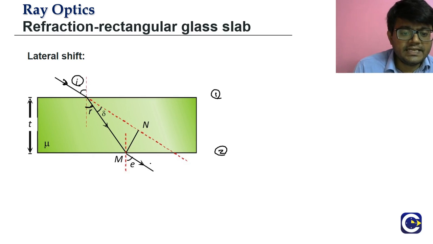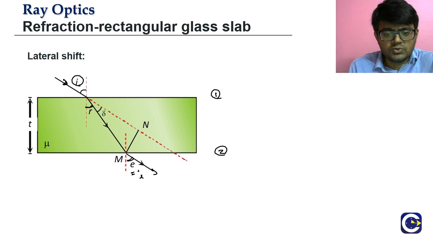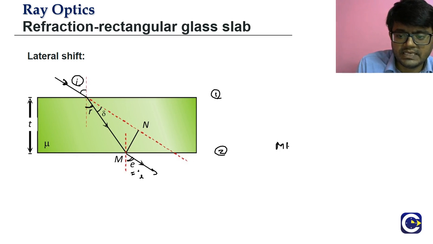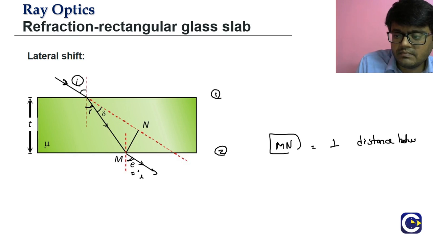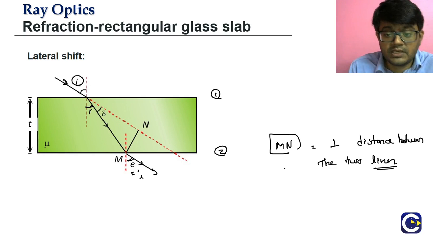This is the emergent ray, and we know that angle E will be equal to I. The perpendicular distance between these two parallel lines is represented by MN. The two lines are the original incident ray and the final emergent ray. This perpendicular distance is what we call the lateral shift.